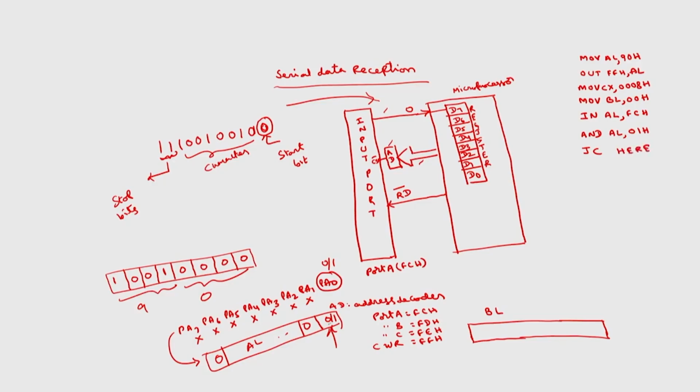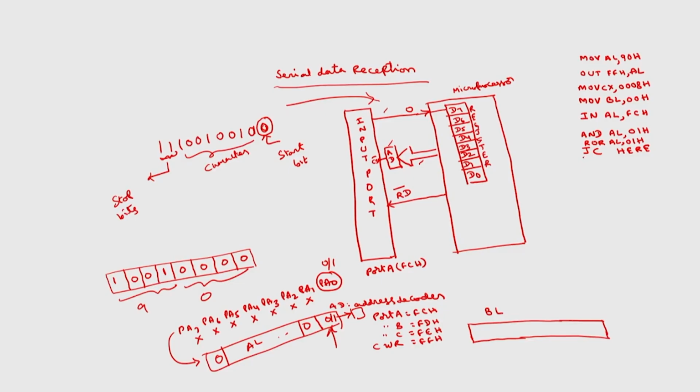I have shifted this bit to the carry flag using ROR. Sorry, after this we have to write ROR AL comma 01H, so that the last bit, which is the bit that is received on PA0, will transfer to the carry flag. If this is 0, then this will be false, meaning that is a 0 bit.